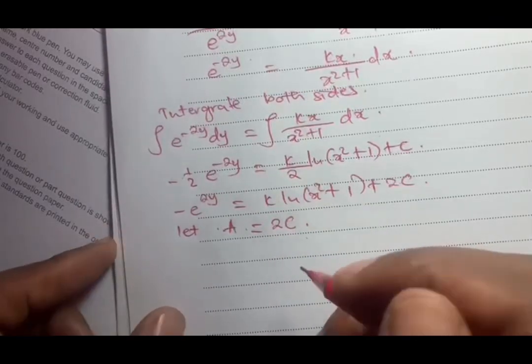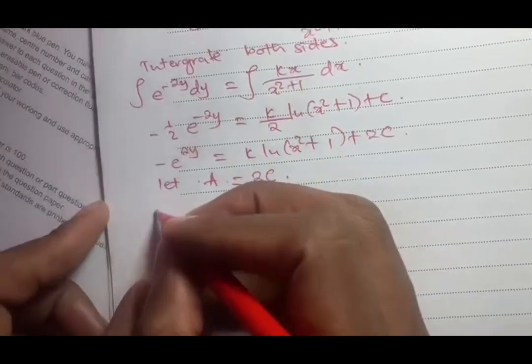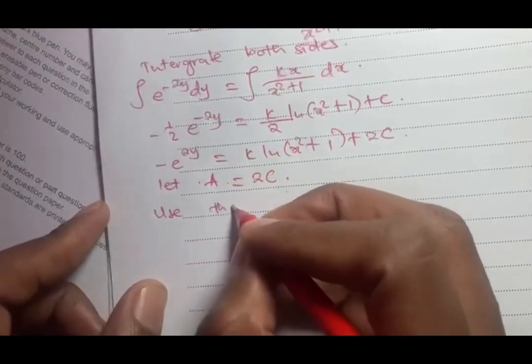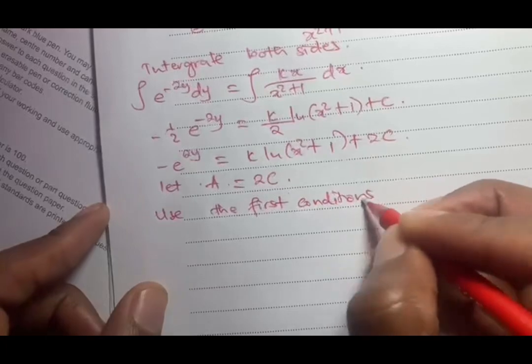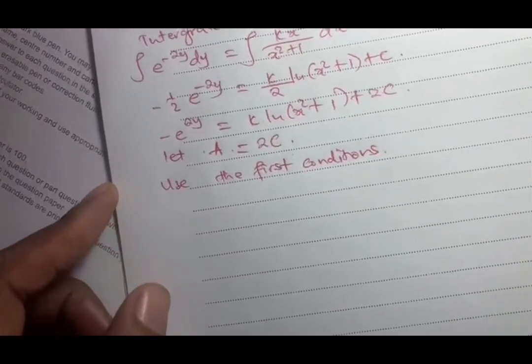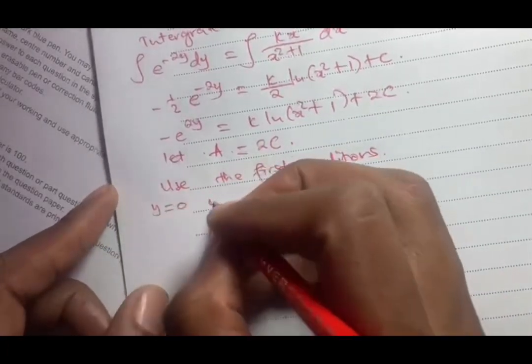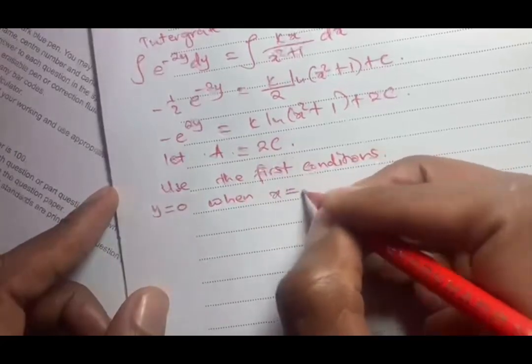So the next thing is to use the first condition. The first condition is saying that y is equal to 0 when x is equal to 0.